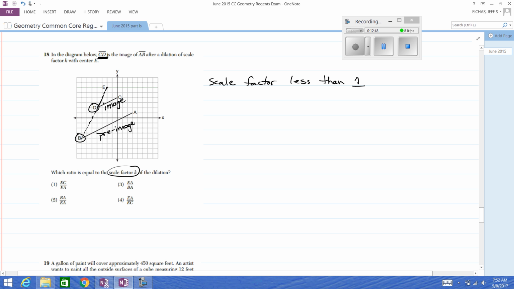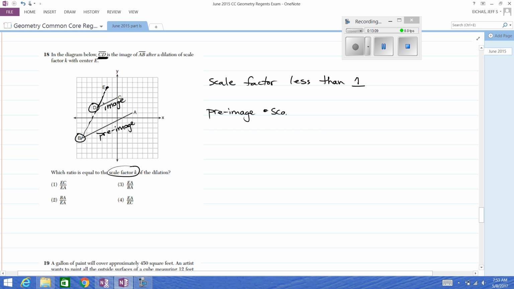CD is the image, okay? So the image is smaller and closer to the center of dilation, and that is a scale factor of less than 1.